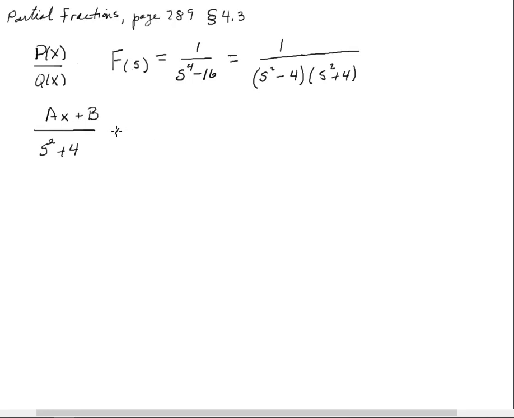And if I have linear factors like s minus 2, then I should expect in the numerator to have a constant c, and to have a c over s minus 2 in the expression that's a sum of partial fractions that's equal to this ratio.